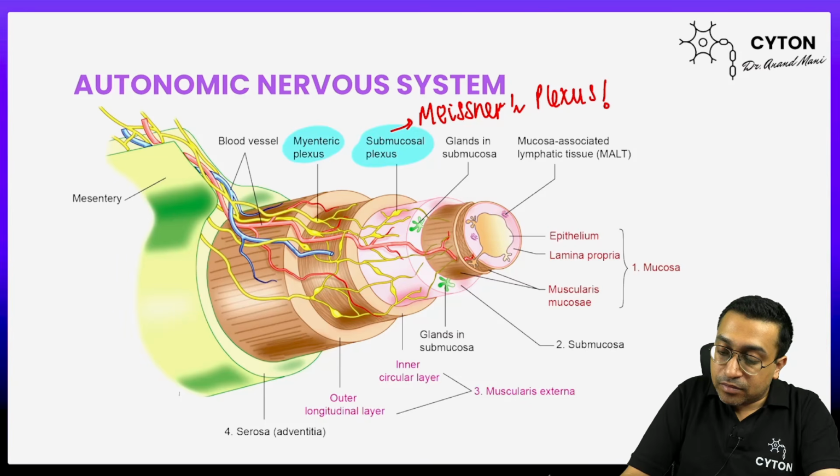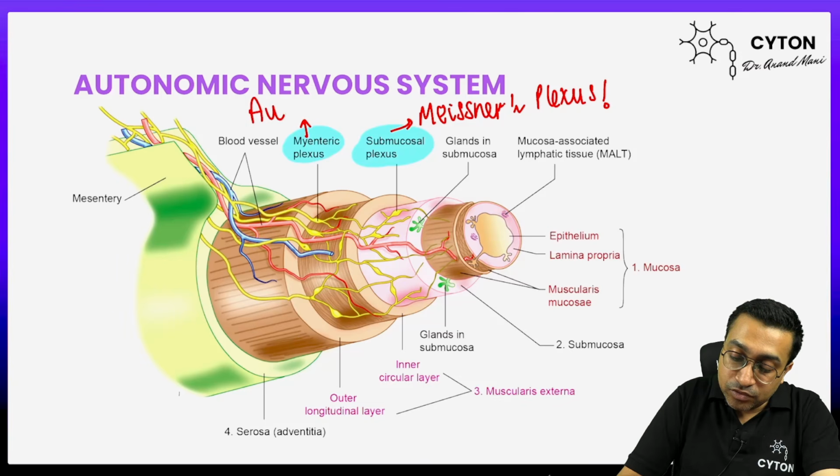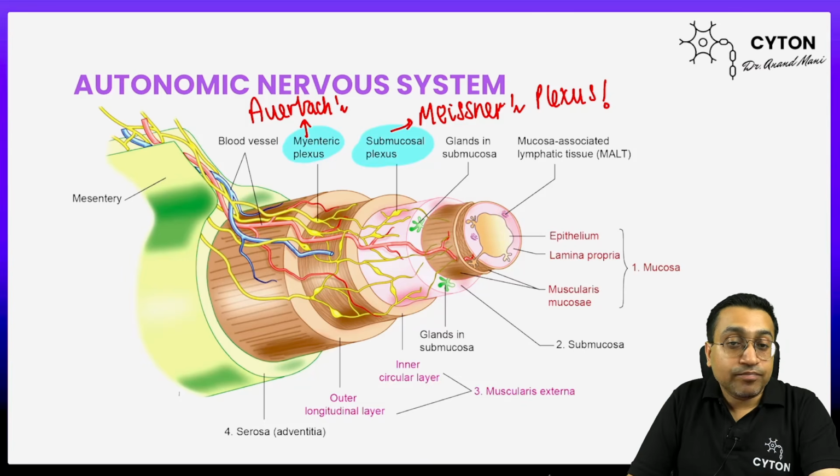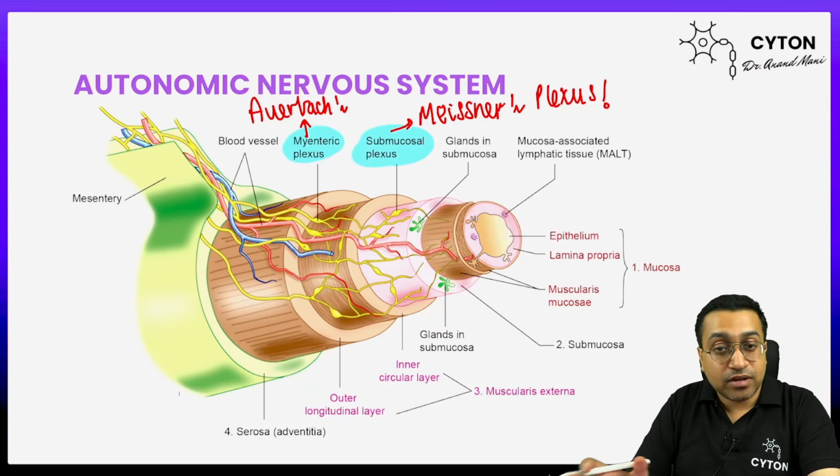Then you have Auerbach's plexus, or myenteric plexus, which lies between the outer longitudinal and inner circular muscle layers of the muscularis externa. Again, we will discuss this in quite detail in histology.